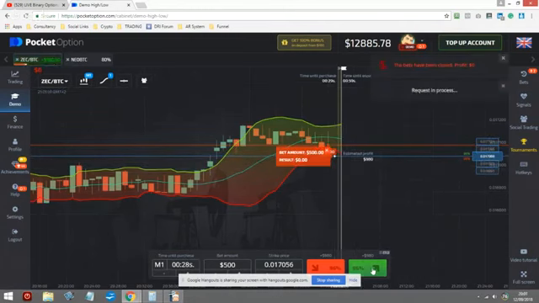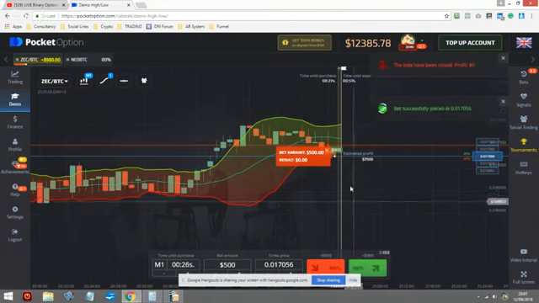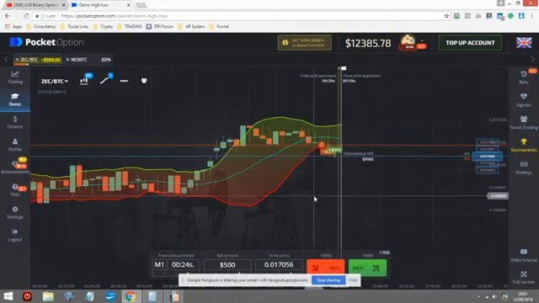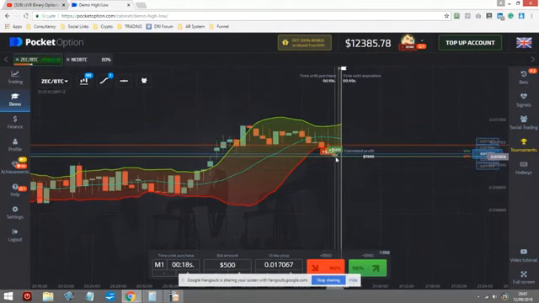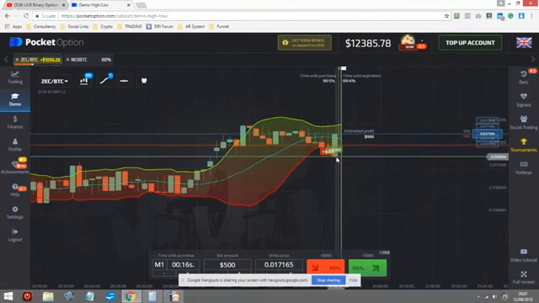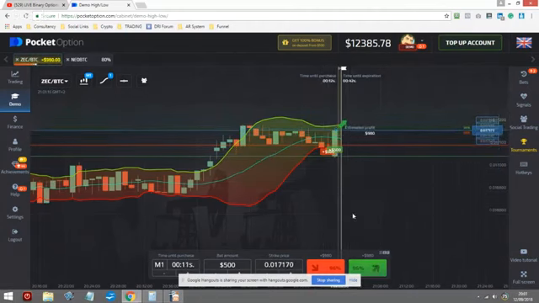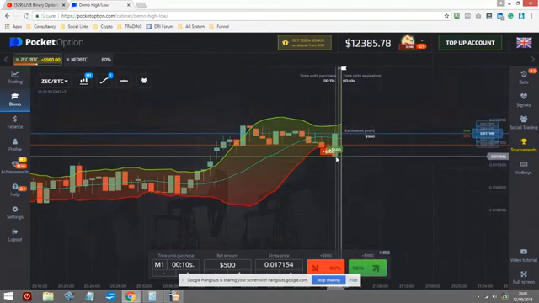Okay, so I might have done that too quickly for you. Basically, the price has come out of the bottom of the Bollinger Band, so our system tells us to place an up bet, which is what I've done just there. Just to remind you, I'm in ZEC BTC.